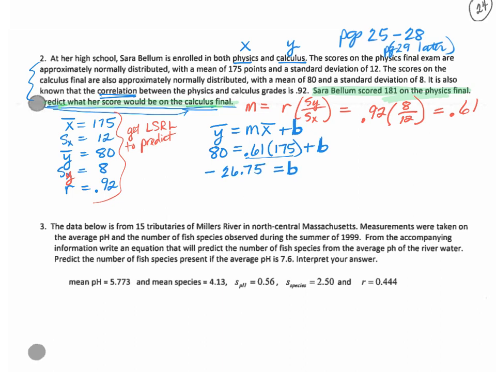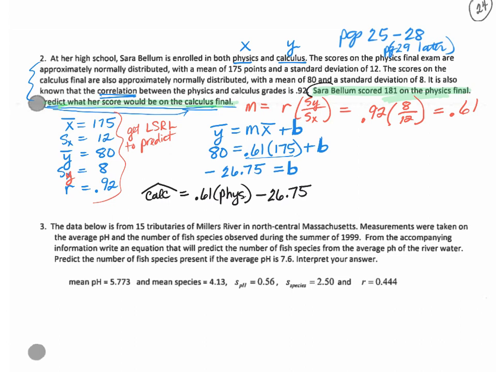So in summary, my predicted calculus score is 0.61 times the physics score minus 26.75. That's my mx plus b equation.